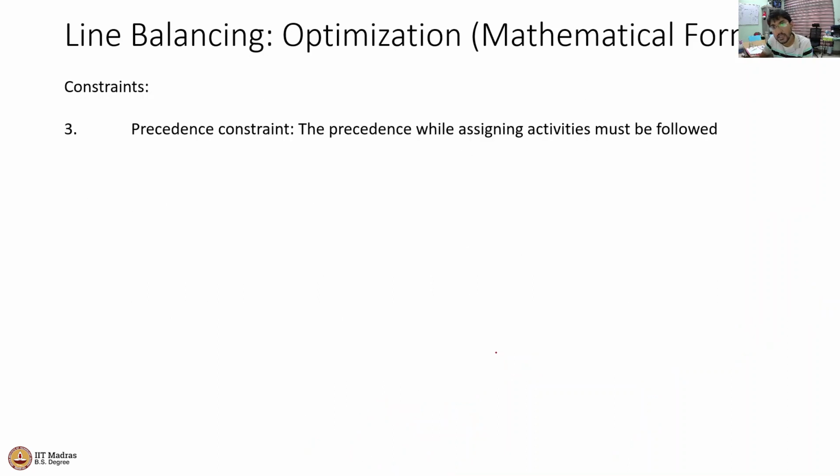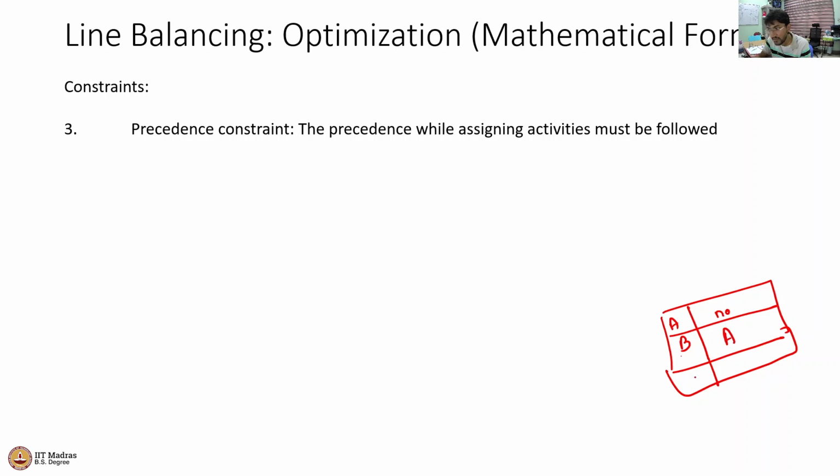The third is the precedence constraint, and this is where things get tricky. So I must ensure that, let's say I have activity A, and this does not have any precedence. No precedence. For activity B, I have activity A as precedence, and for activity C, I have both A and B as precedence.